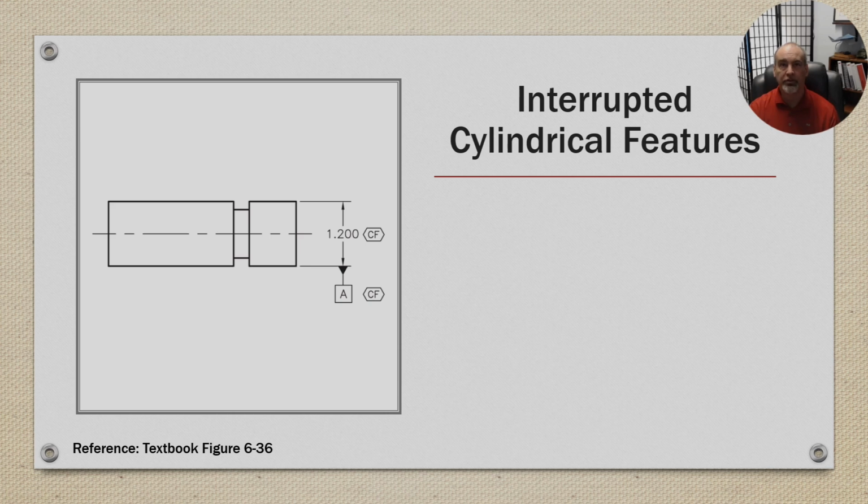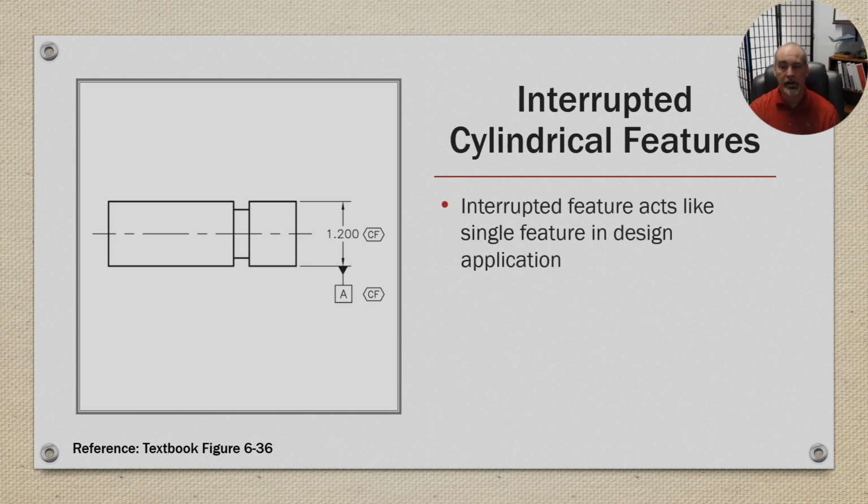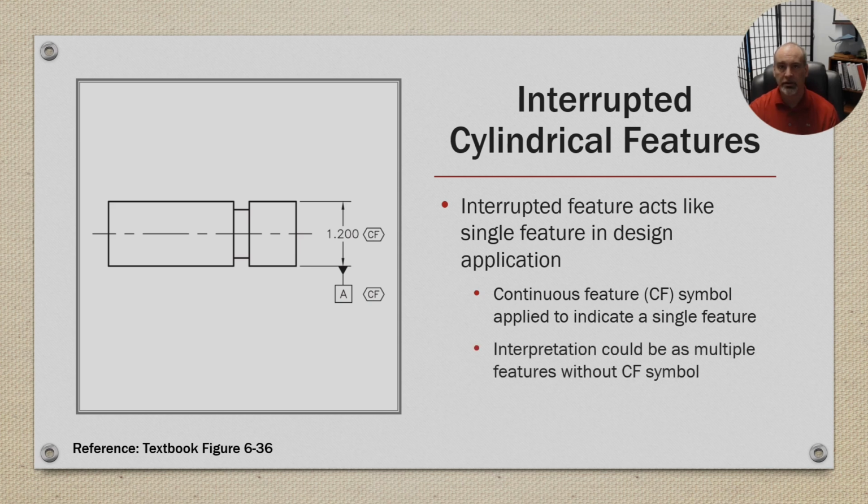Okay, interrupted cylindrical features. Interrupted features act like a single feature in a design application. Continuous feature symbol applied indicates a single feature. Interpretation could be as multiple features without the CF symbol.